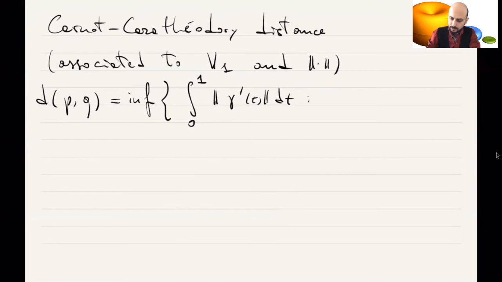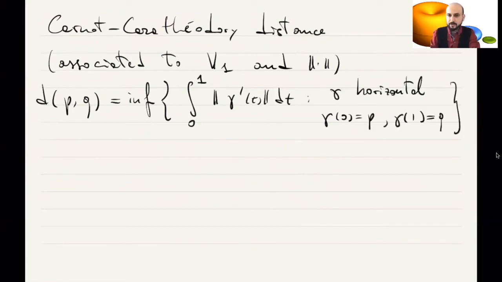So gamma is horizontal, gamma 0 is P, and gamma 1 is Q, with gamma defined on 0, 1, valued into G. Being horizontal, this vector is almost always in V1, for which the norm is defined, and since the curve is absolutely continuous, this integral is finite. Okay, so this is the definition of a distance function.